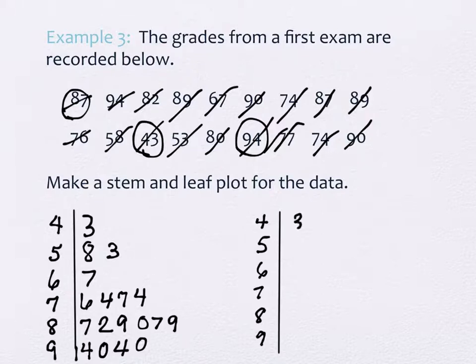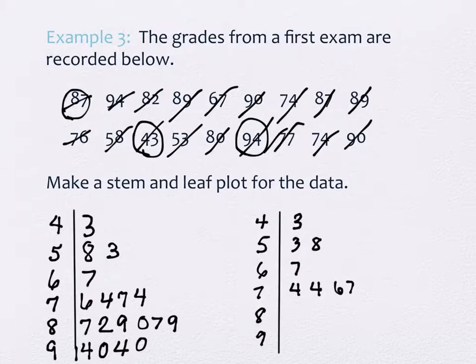So 43, of course, is the only value, but then I have 58 and 53, so 3 comes before 8. As you're writing these in as well, your rows should line up. So if you have 2 digits on one row, it should be the same sort of length as 2 digits on another row. On the 70s row, I have 2 4s and then a 6 and a 7. So 4, 4, 6, 7.